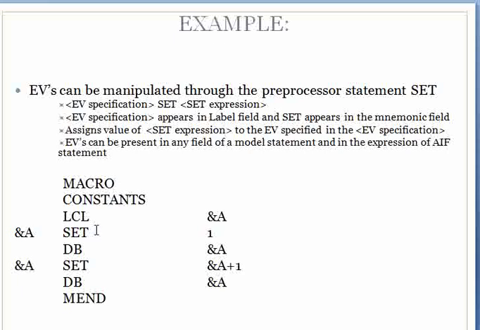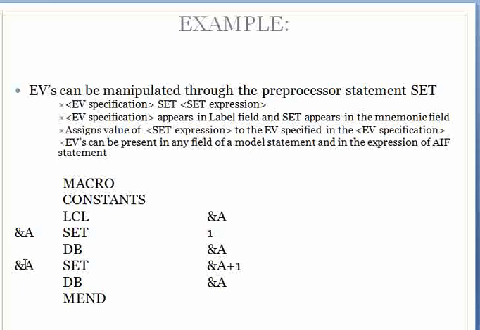I use the SET statement, and I can associate it with whatever value I want. I have written &A SET 1, which means that the value 1 will be associated with this expansion time variable. DB means declare a byte, and we are declaring 1 byte. That is our expansion time variable A. Initially it is set to 1, so I am declaring a byte of 1.